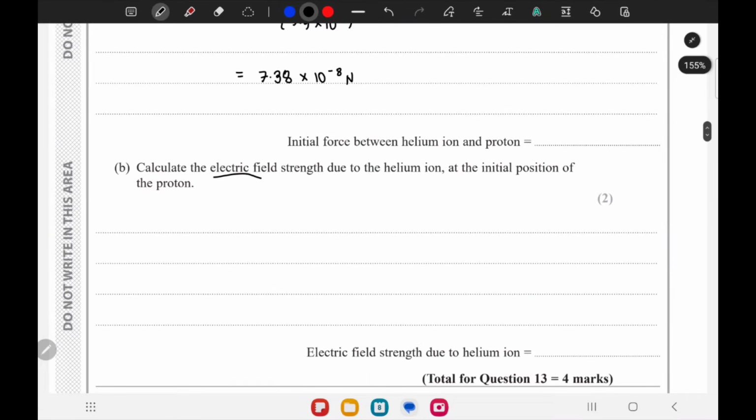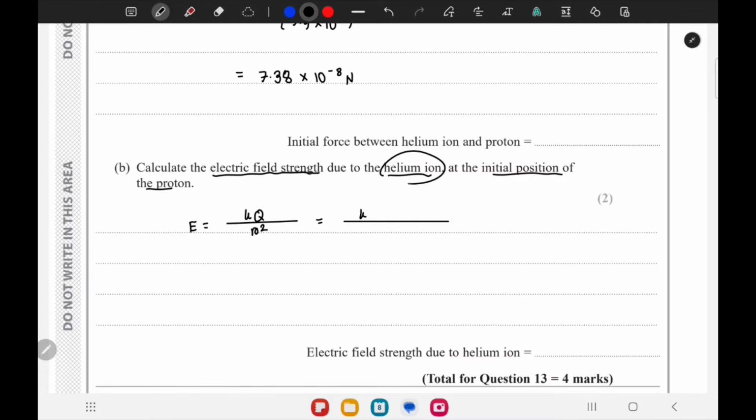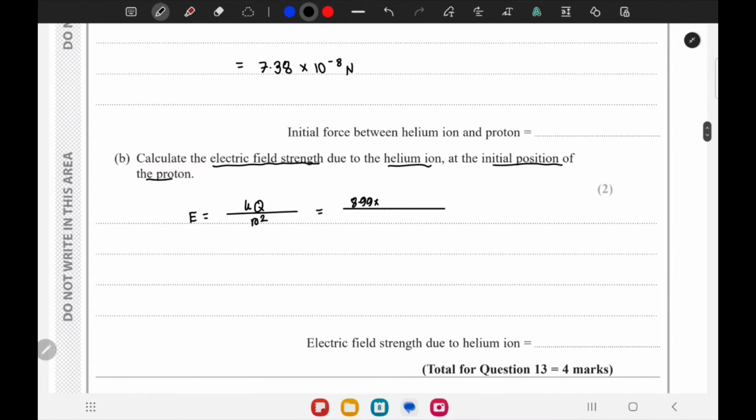Now we have to find the electric field strength due to the helium ion at the initial position of the proton. The electric field strength is kq/r². Here the charge we'll use is the charge of the helium ion. So k is 8.99 × 10^9.